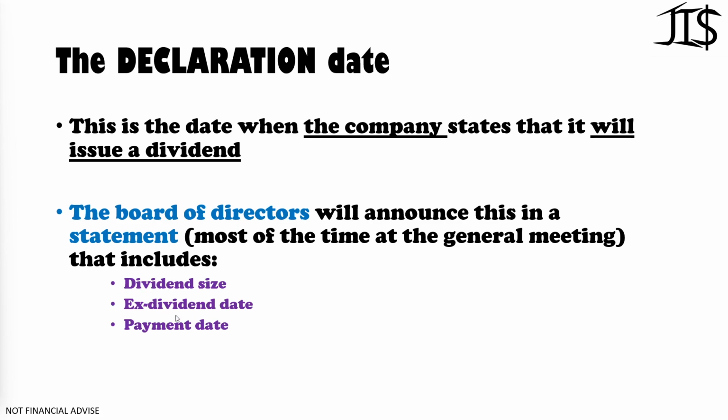And here you already have 2 other dates that I'm going to discuss later on, so the ex-dividend date and the payment date. And there is then only one date missing, and that's the record date. And that's actually always 1 day behind the ex-dividend date. And that's really important that you know that.